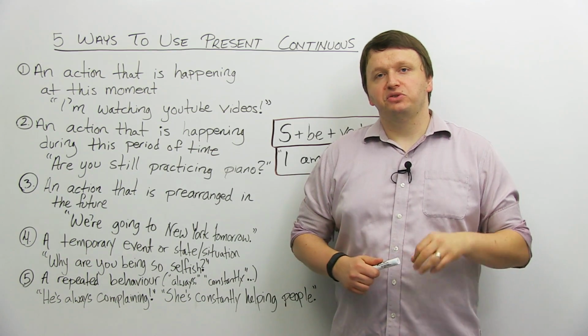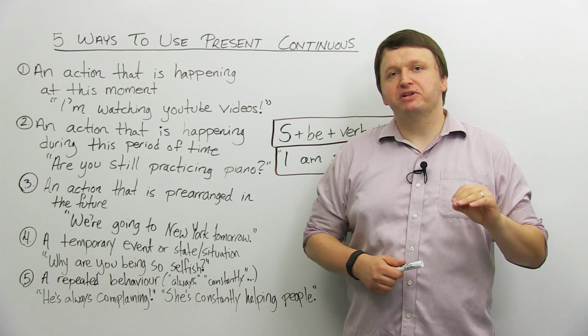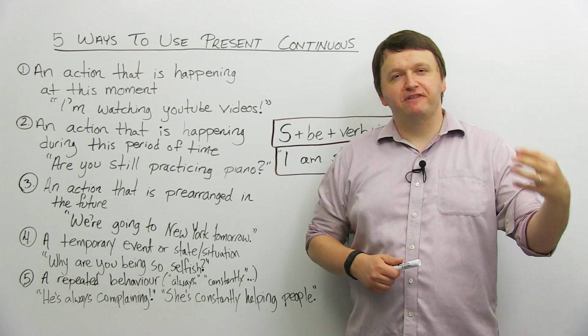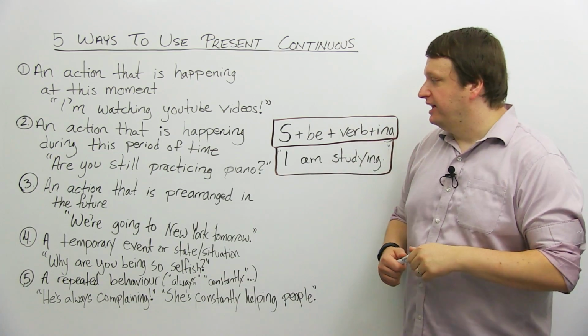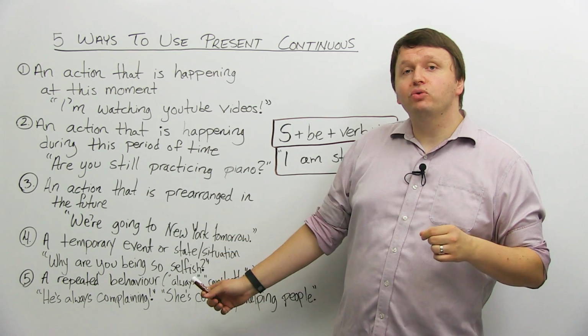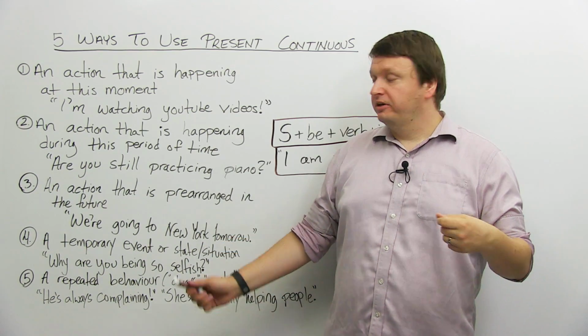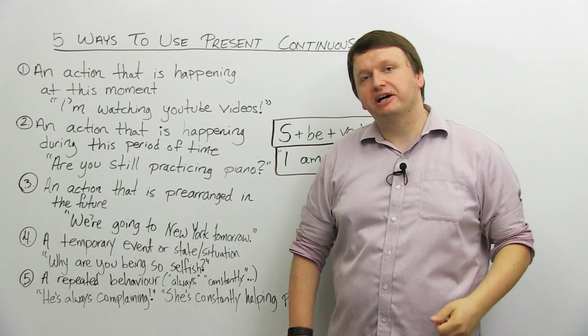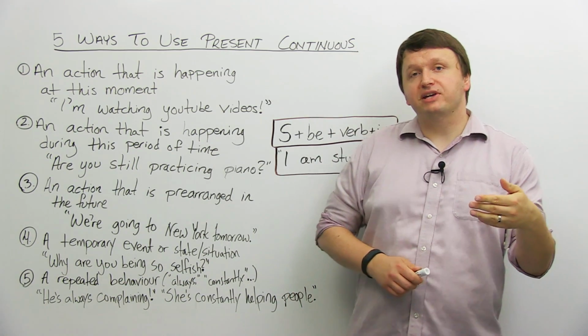So this means you are almost 100% certain that this action or this event is going to happen. So for example, what are you doing tomorrow? Oh, tomorrow? We're going to New York tomorrow. We are going 100%. Other examples.